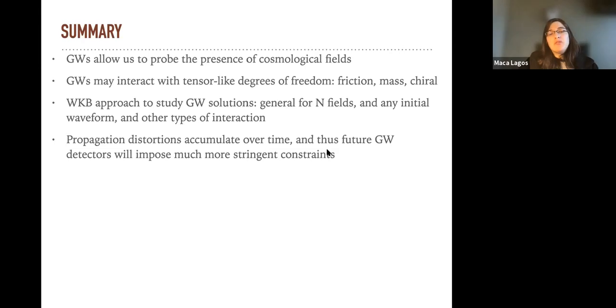But because they accumulate over time, we can already expect future gravitational wave detectors to impose much more stringent constraints on all these deviations.